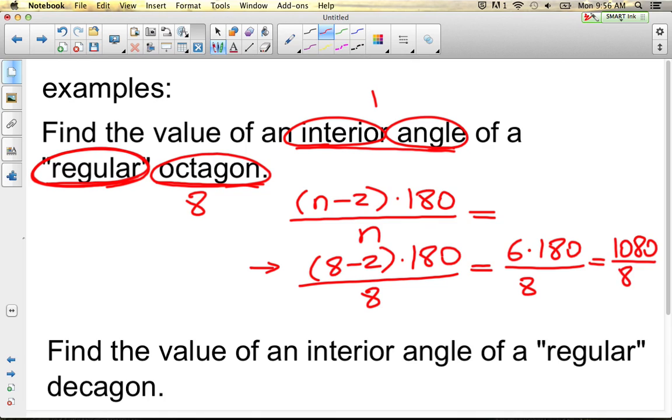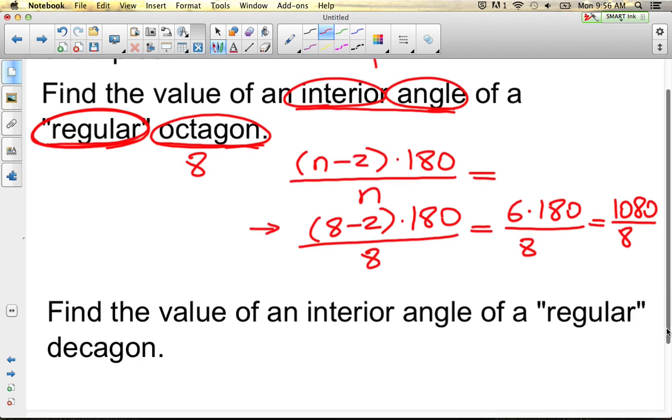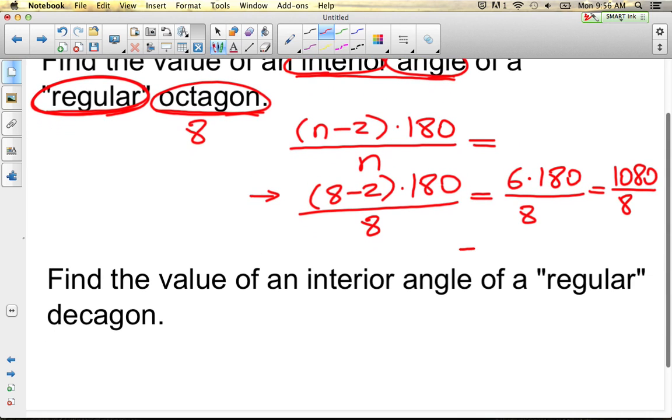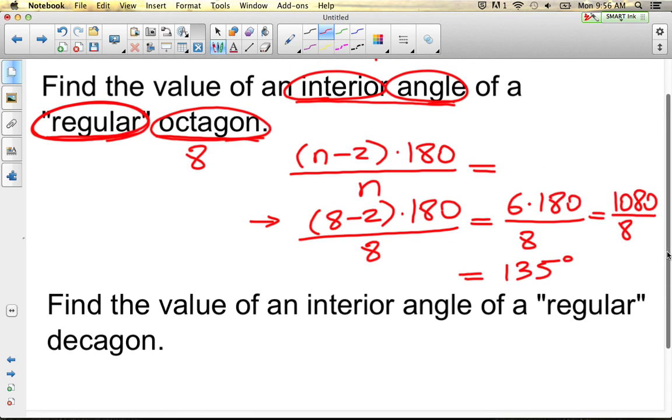So now you can divide 1080 divided by 8 equals 135 degrees. So that means if you had a regular octagon, each inside angle should be 135 degrees.